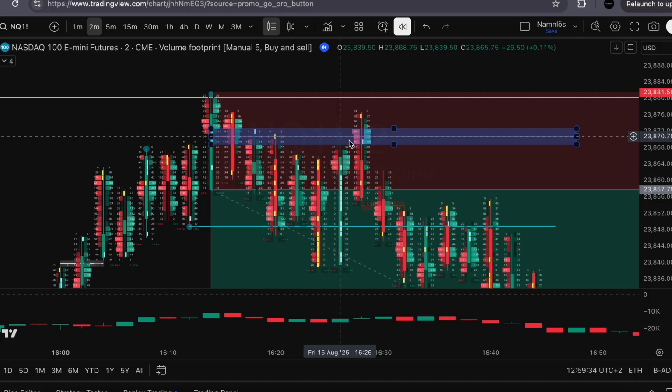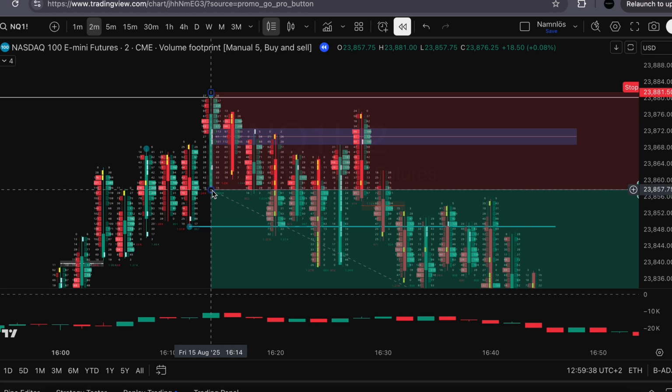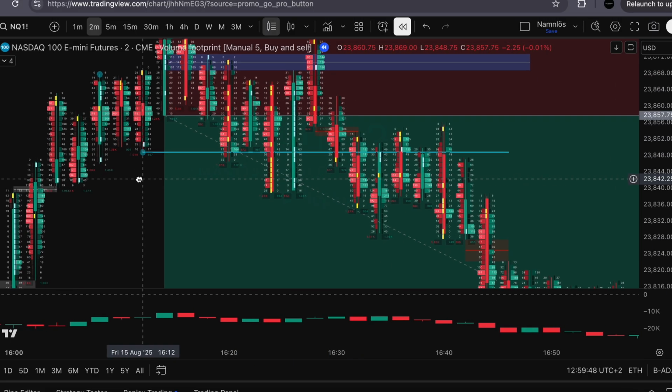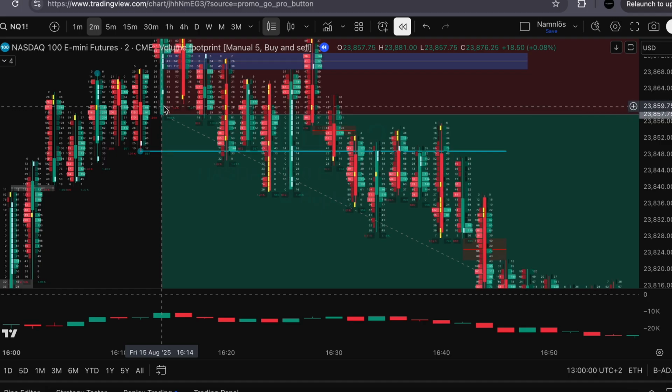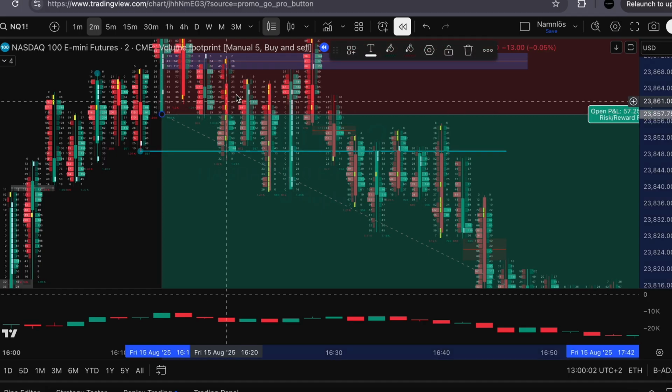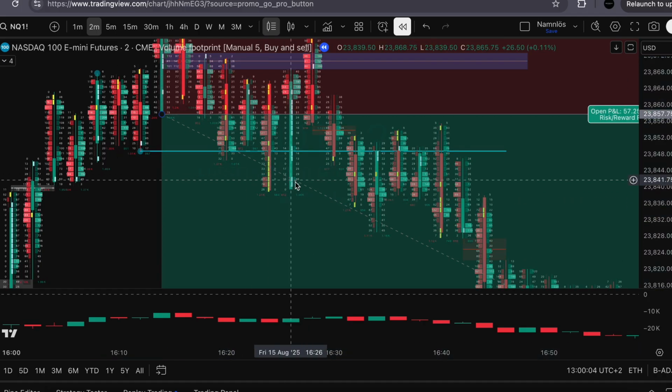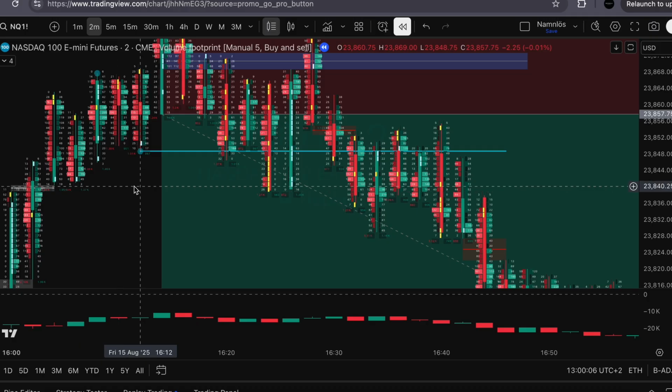That was why I was marking this level also. If you missed this entry right here, you don't have to be afraid, because either we will have a retest of this level, or even if we break lower, we can look for imbalances here. For example, let's say you missed all those entries, this one and that one, and you wanted to get along with the trade.